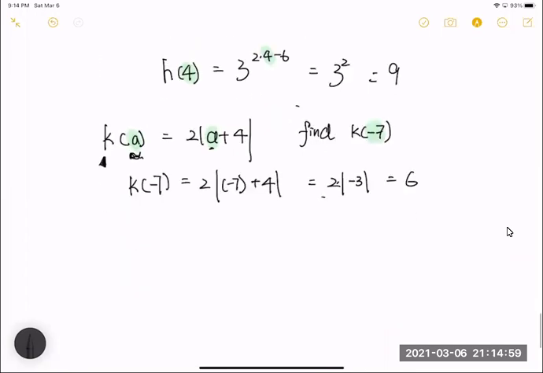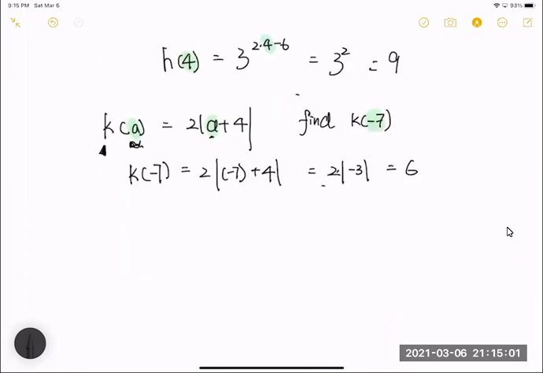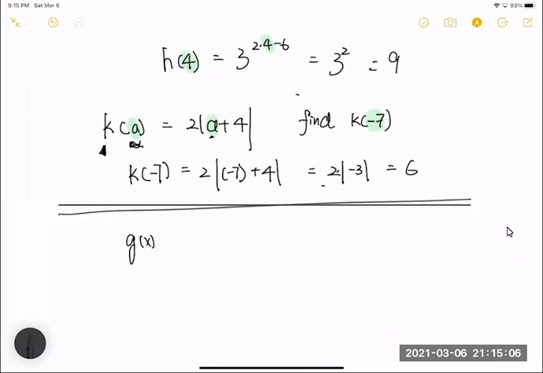Okay, so what if a little bit more complicated one? If we have g of x equals x to the 4th plus 1, and then you need to find g of 3x. Okay, what to do with this one?